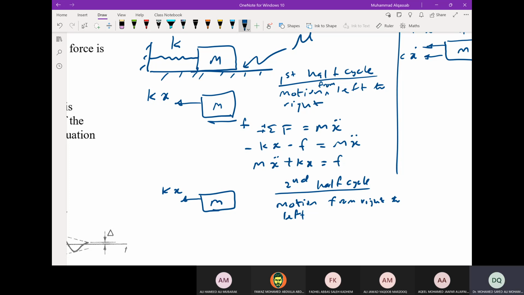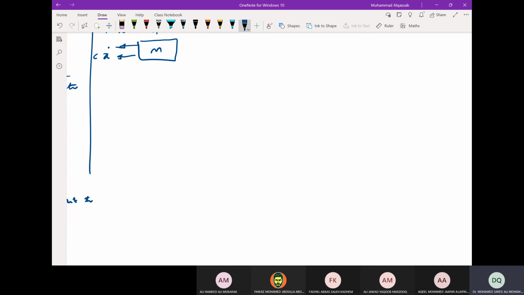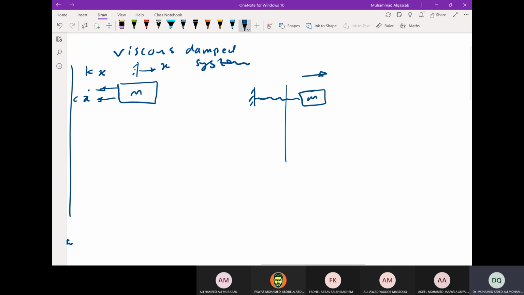Let's say this is the positive direction, and the mass is here, and this is the spring. If it is moving in this direction, you can have the same free body diagram, but the mass is moving in this direction.